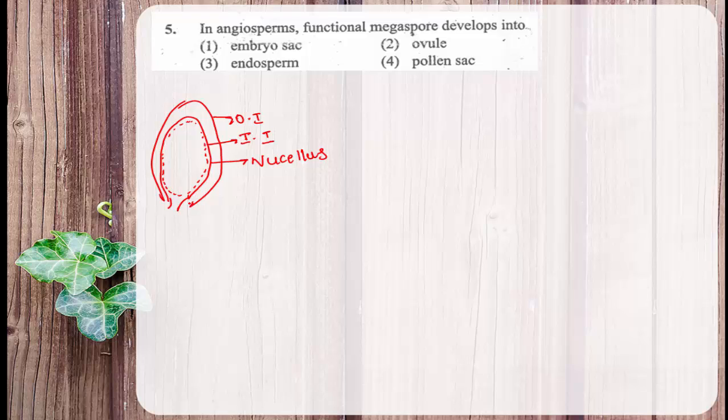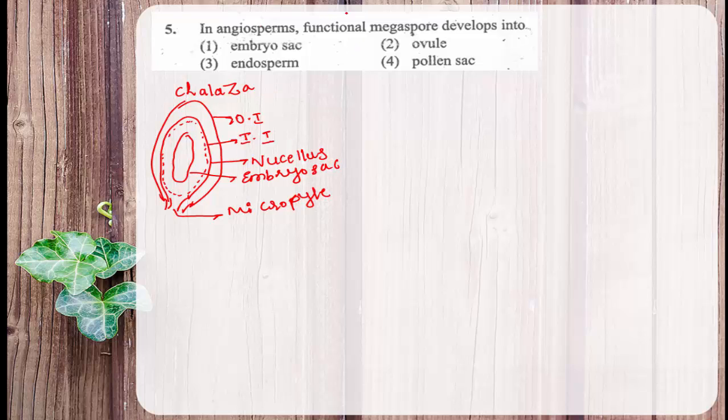The opening of the ovule represents the micropyle, and the opposite end of the micropyle is called the chalaza, and inside the ovule the female gametophyte, that is nothing but the embryo sac, is present.